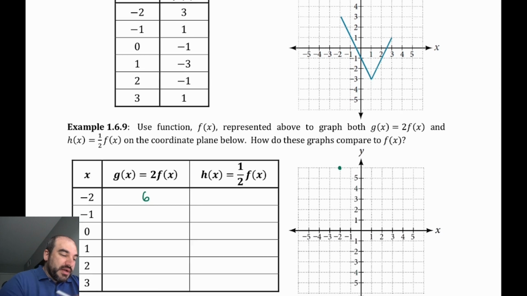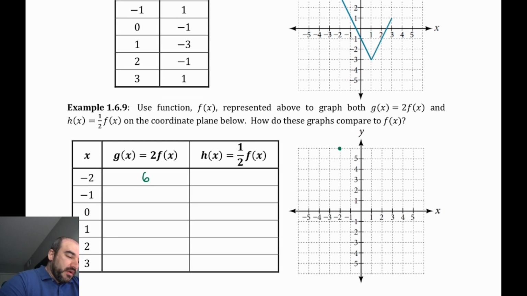And if a value is negative, for example, this 1 comma negative 3 here, that's going to be vertically stretched away from the x-axis again. So 1 comma negative 3 becomes 1 comma negative 6 when we multiply the y values by 2. And that point here is going to be 1 comma negative 6. It's going to be way down here.